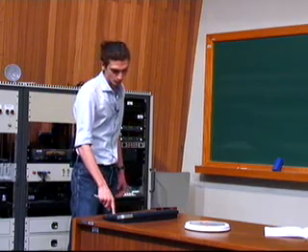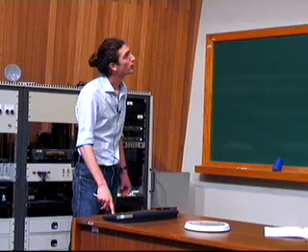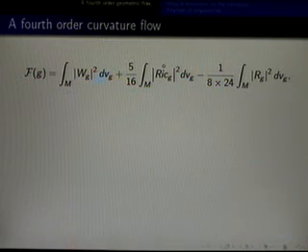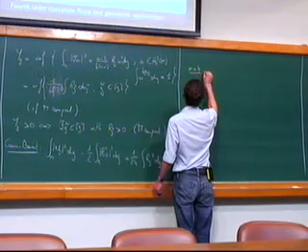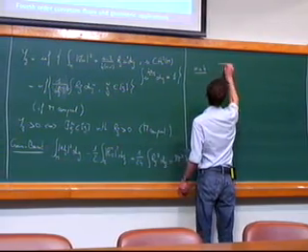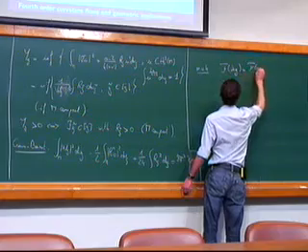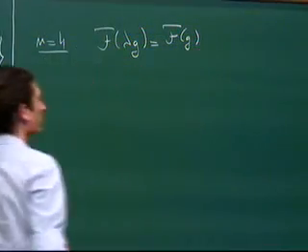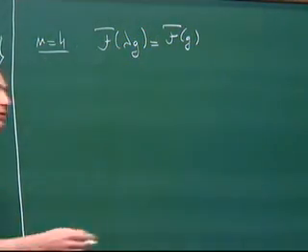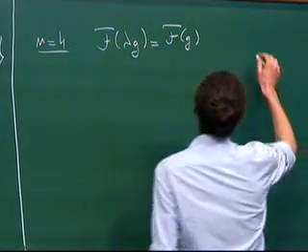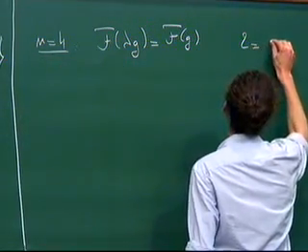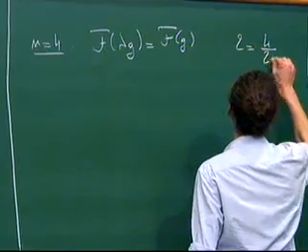The first thing to notice is that in dimension 4, these functionals are scale invariant. So if you scale the metric, your functional won't change. This is because 2 is equal to 4/2.